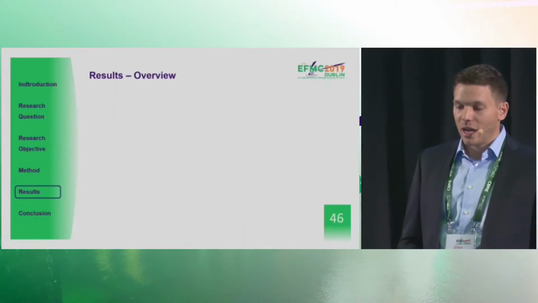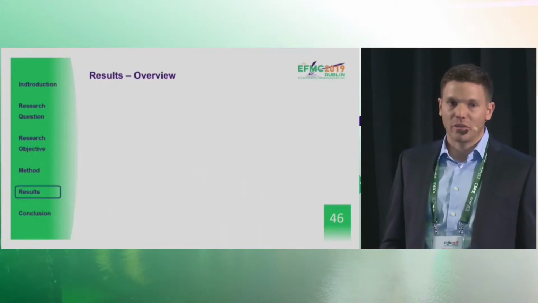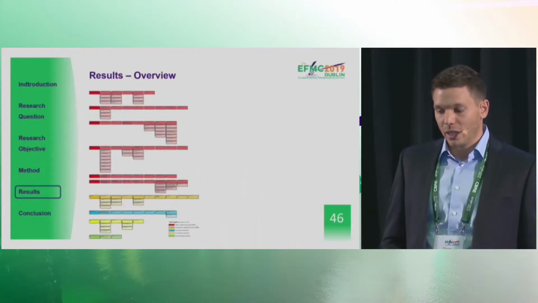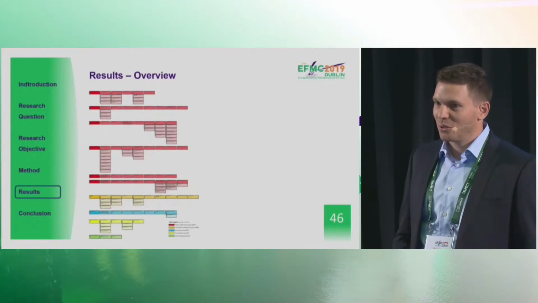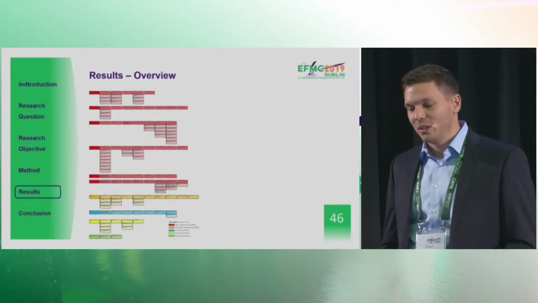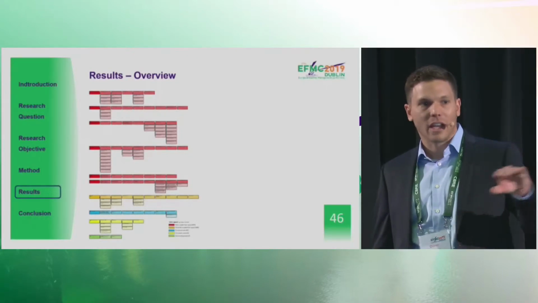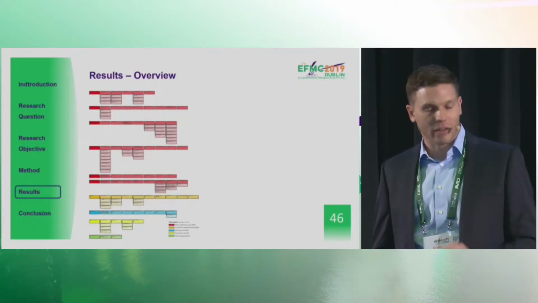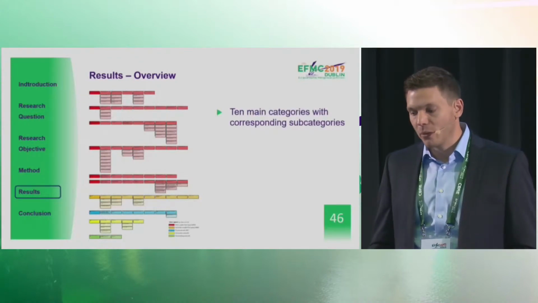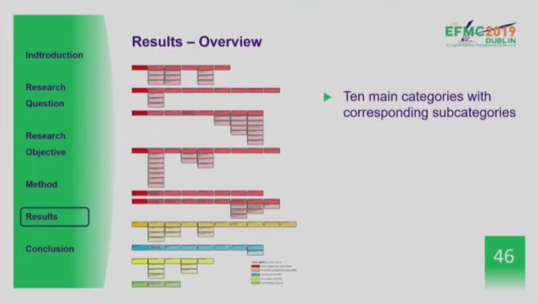So, as said, let's have a look at the overview. It's very small for you to read, I know, but you can see here basically 10 main categories, each with the corresponding subcategories.